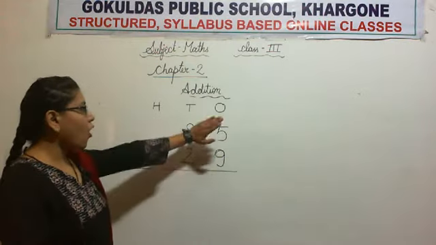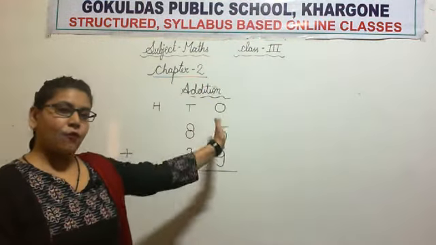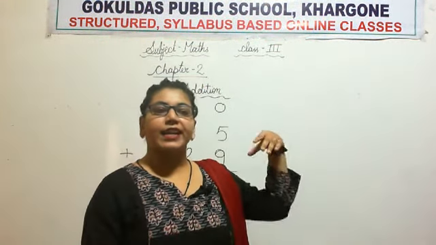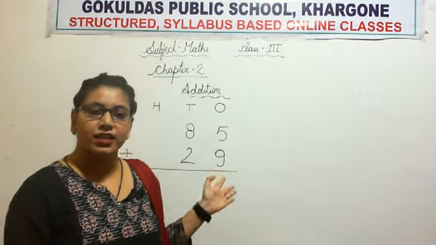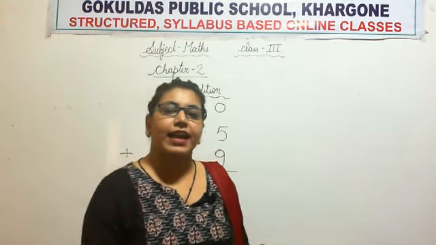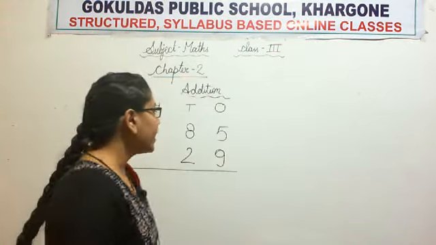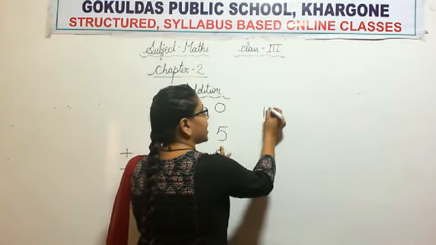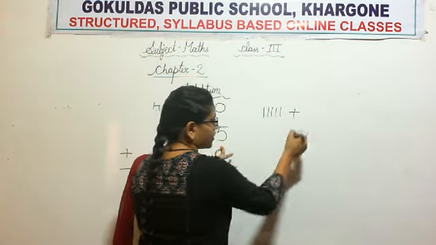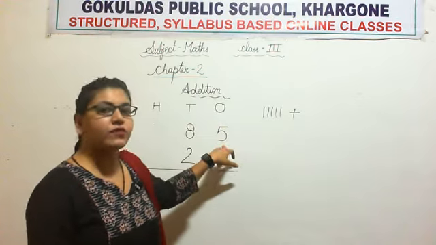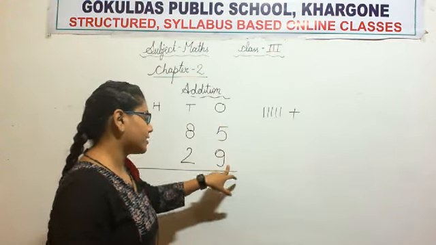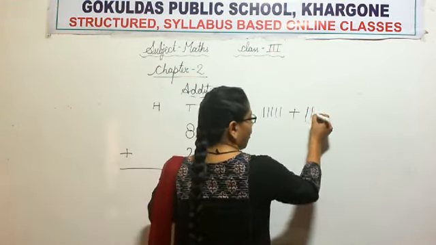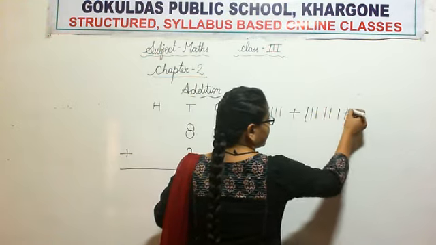So again we will add ones in ones, then we will add tens in tens, and if hundreds are also given, we will add hundreds in hundreds. Okay, so we will start from ones. First 5 is written, so we will draw 5 sticks, then we will put a plus sign because we are doing addition. The next 9 is written, so we will draw 9 sticks.